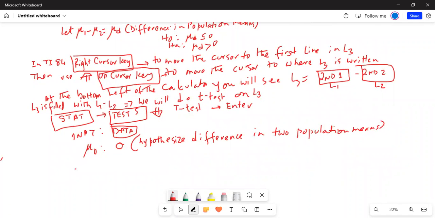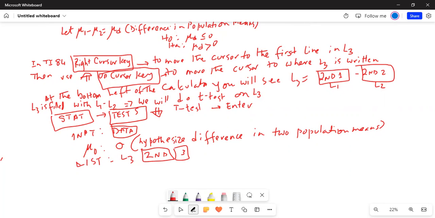Okay. List, you have to change it to L3. How do you do that? Second button and then 3. So list is L3.